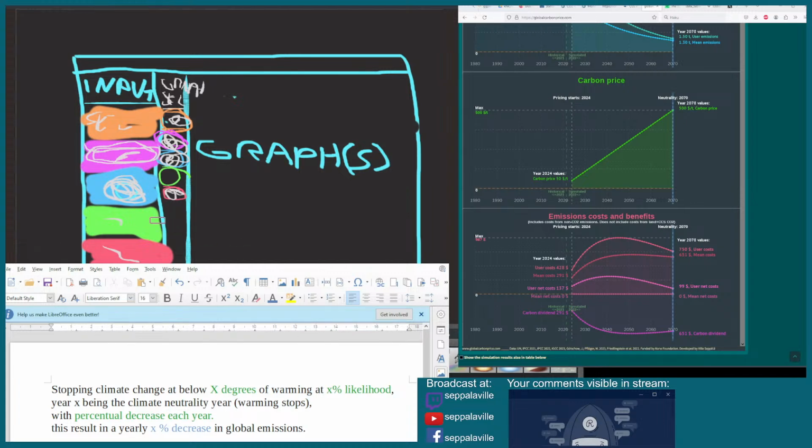So it's quite obvious that the user will want to see the indirect effects as well here.